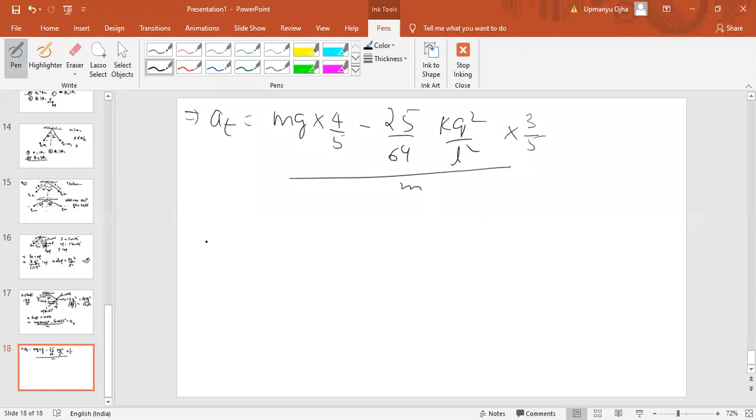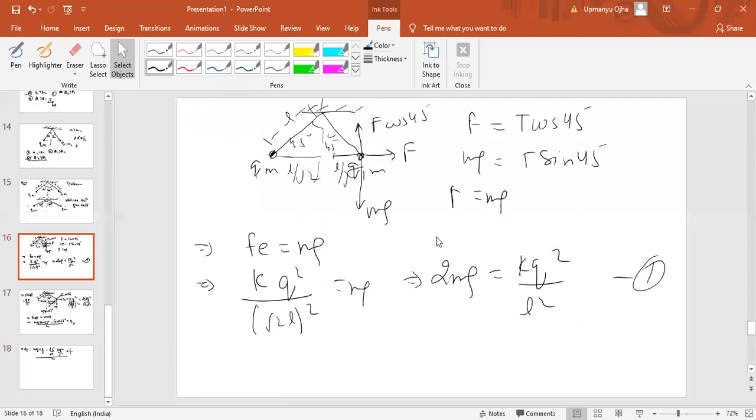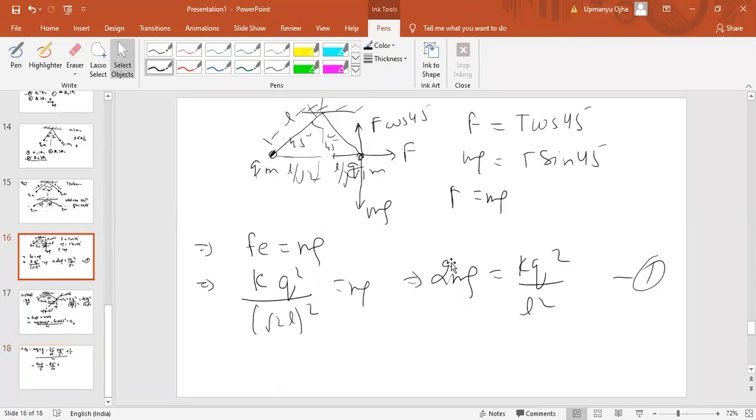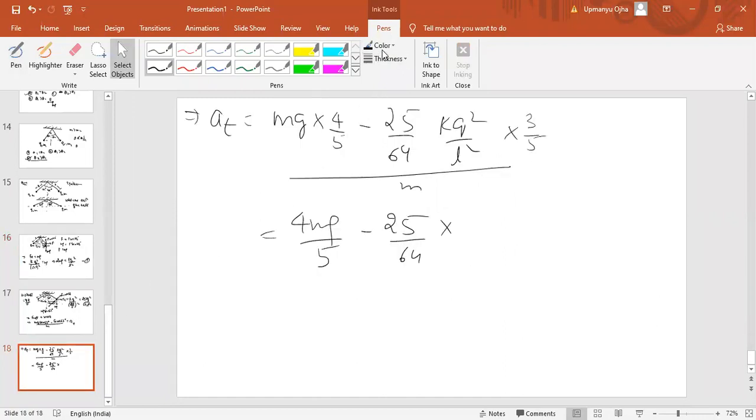And from the first expression we have found that 2mg is equal to kq square by L square. So we can replace kq square by L square by 2mg. If we replace this, we get 4mg by 5 minus 25 by 64 times kq square by L square, which is 2mg, so we are replacing with 2mg here, into 3 by 5, divided by mass m.